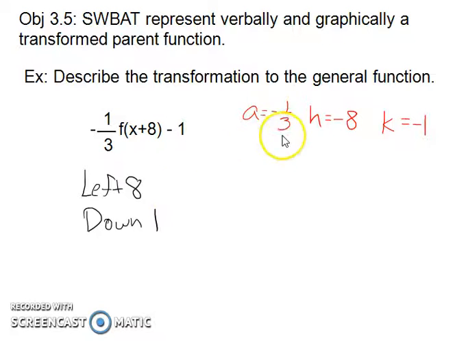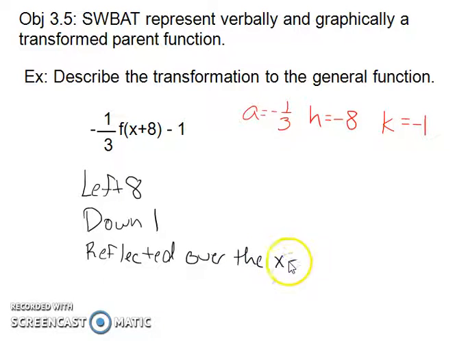And then a being negative 1/3 actually does two things for us. The negative tells us that it's reflected, and then the 1/3 tells us it's been compressed. So the negative means that this has been reflected over the x-axis. That's a vertical reflection. That's all you have to write.